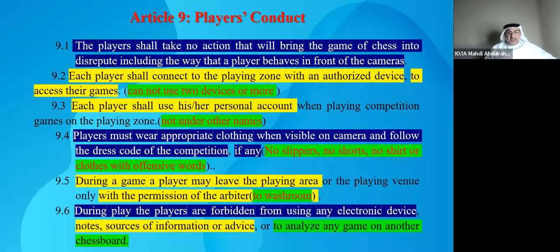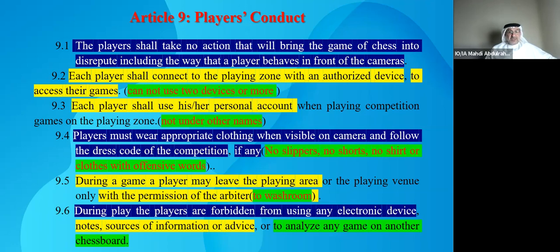So players must wear appropriate clothes. So here, dress code is important, must be visible to the camera. Cannot be sitting in front of the camera with a t-shirt which is very dirty, with a very bad word and something not suitable for the opponent, even for arbiters.